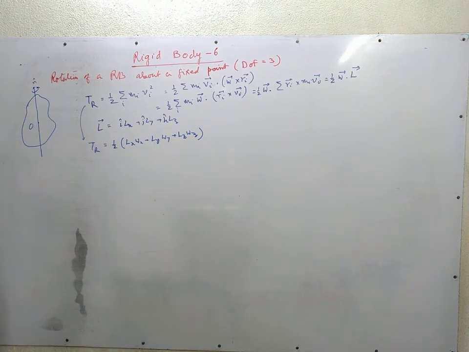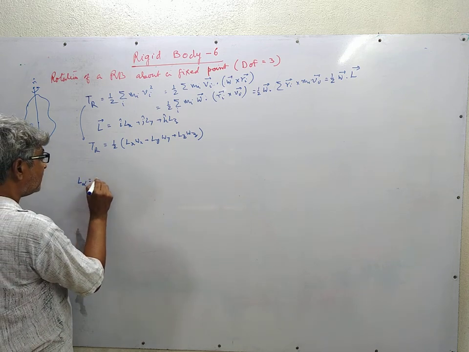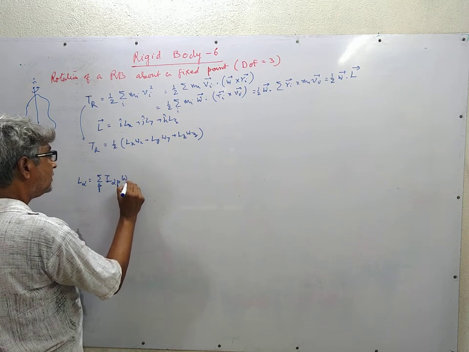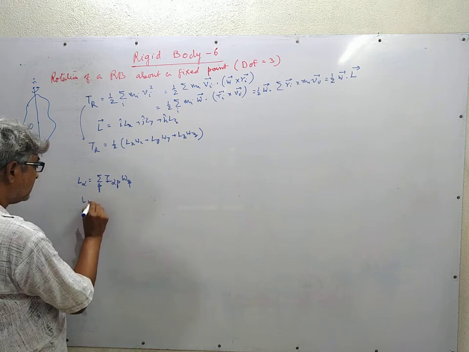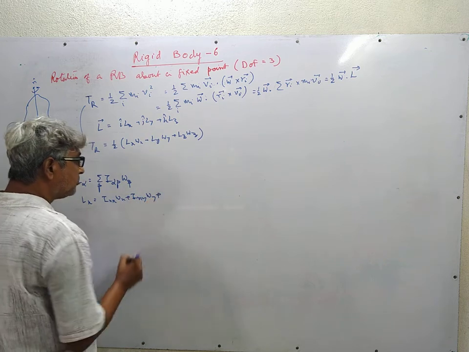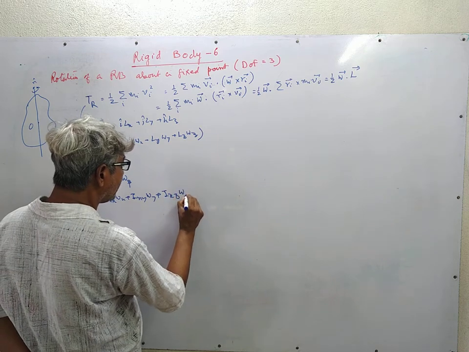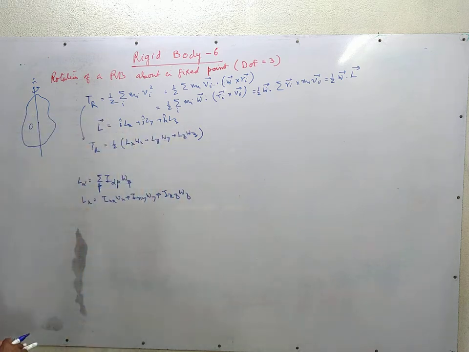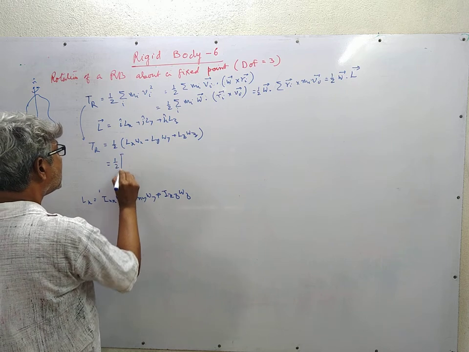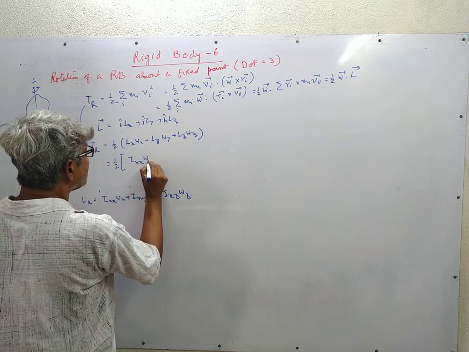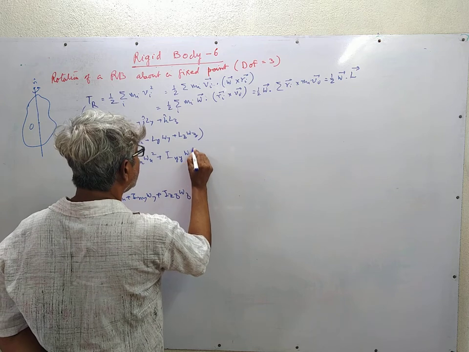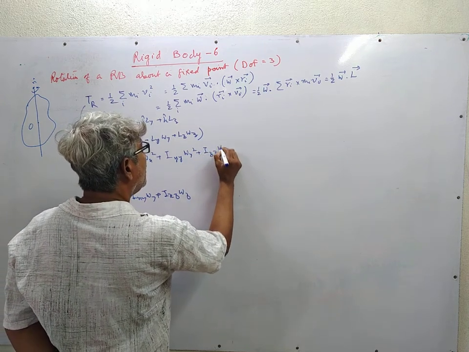And if we replace the expression for Lx, recall that L alpha was summation over beta I alpha beta omega beta, that is Lx was Ixx omega x plus Ixy omega y plus Ixz omega z, etc. So if we use this expression it becomes half Ixx omega x square plus Iyy omega y square plus Izz omega z square.